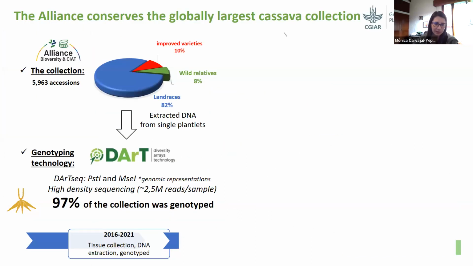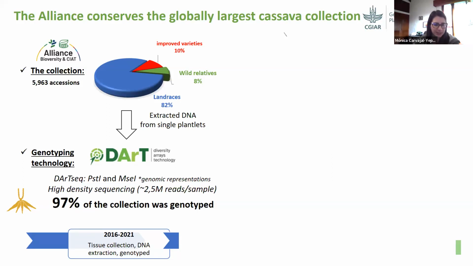The Alliance collection represents the diversity of the center of domestication in Latin America. As you can see in the pie chart, it's mostly composed of landraces, but we also conserve some improved varieties, which are products of the breeding programs, and cassava wild relatives.